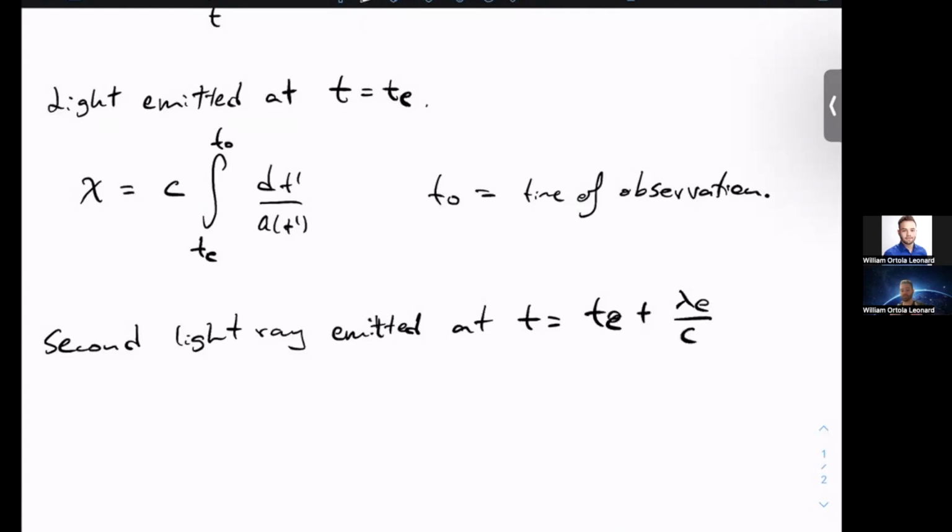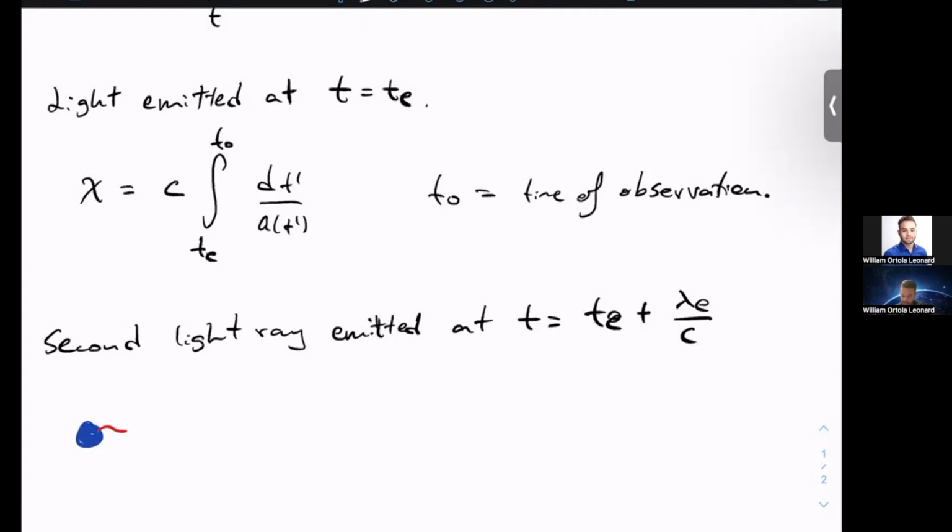So imagine you have, let's say, the sun, for example, which is emitting a light ray. It's not going to emit the second light ray until the full wavelength of the first light ray has been emitted.